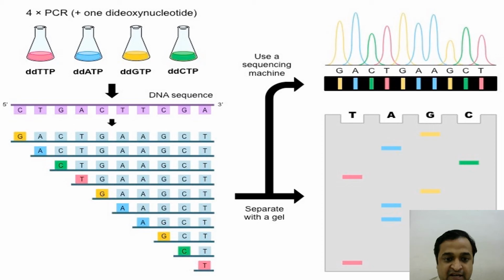Then when the thermocycler runs the second time, instead of a dideoxyadenine, you have the addition of a normal adenine molecule here. When it moves to the next base pairing, if a dideoxyadenine nucleotide is added here, then you have another DNA stretch of a new length.